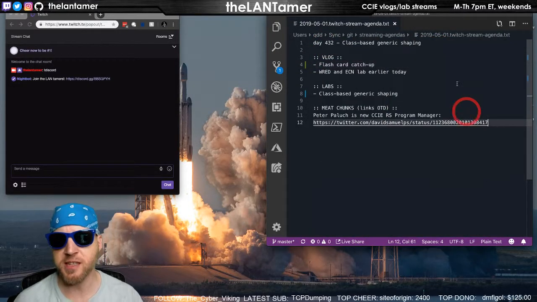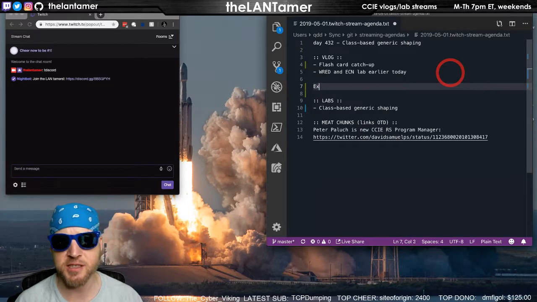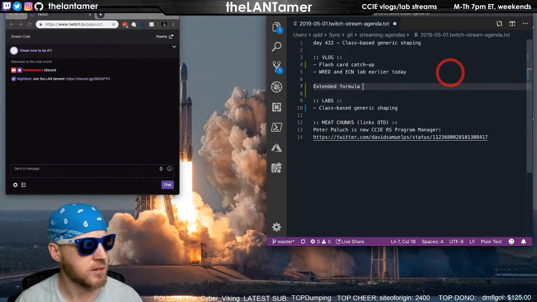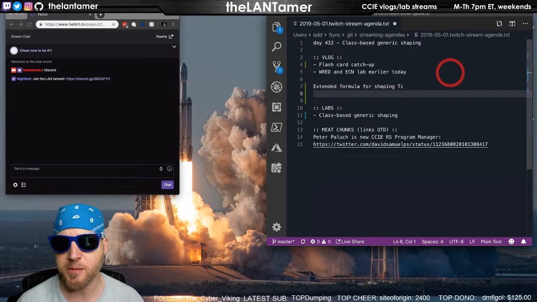And this I used in the lab today. So what is the extended formula for shaping TC? When I say extended, I mean all of the units of measurement. So you have TC, which will be in milliseconds, equals what?